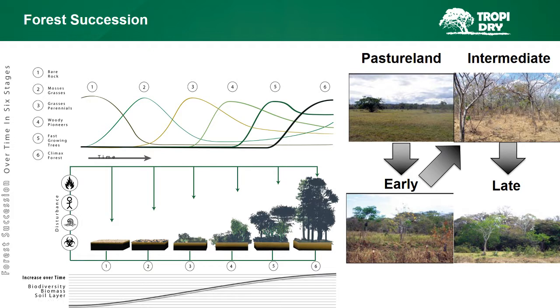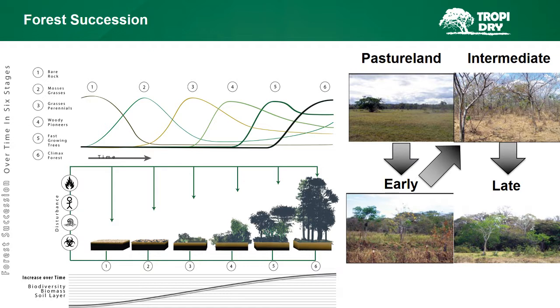Their traits are typically that they grow very quickly, they can occupy space very fast, and that's how they outcompete other types of vegetation or other species, by their high growth rate, high reproductive rate, and low competitive capabilities against the later stage forests.